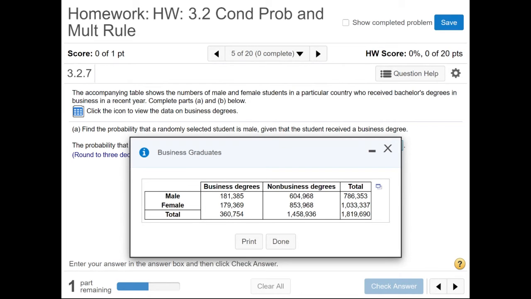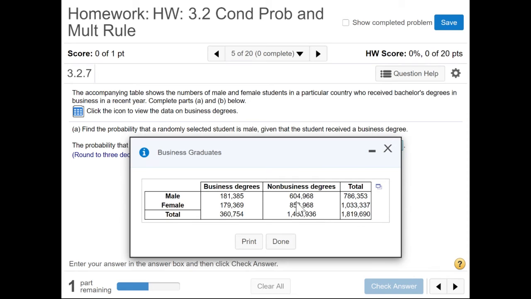If you notice, they've given us a table, and it's divided up between business degrees and non-business degrees, male and female. It gives us quite a bit of information. I'm going to take a picture of this so I can write on it. It tells us how many male and female business degrees and total business degrees.